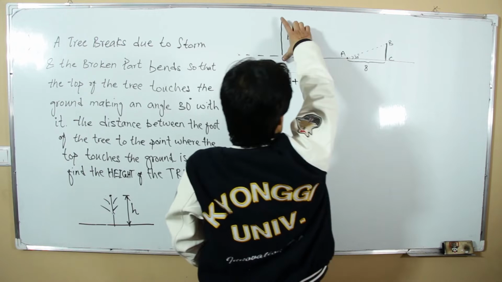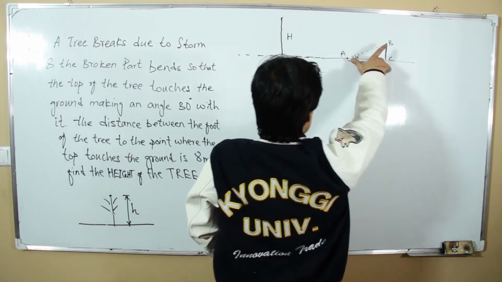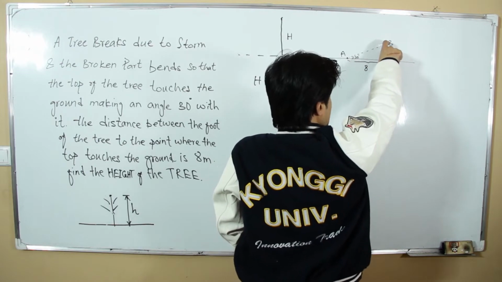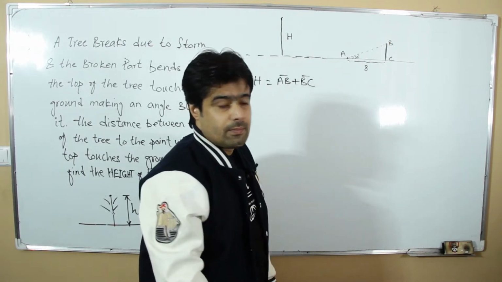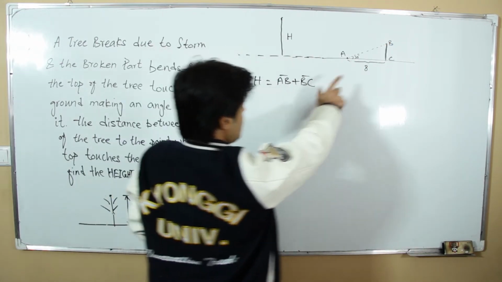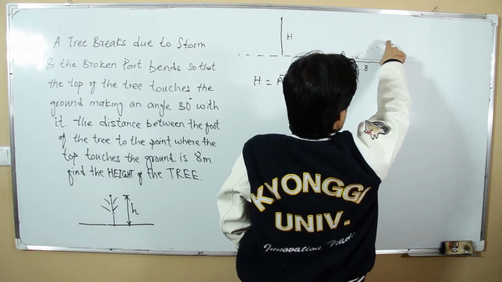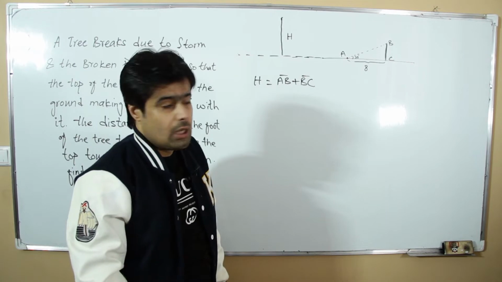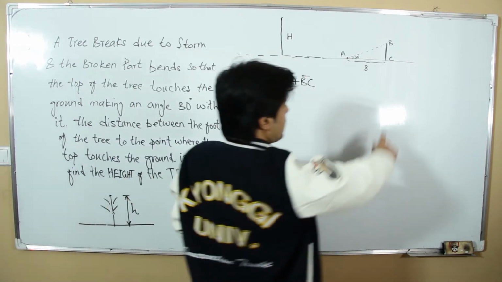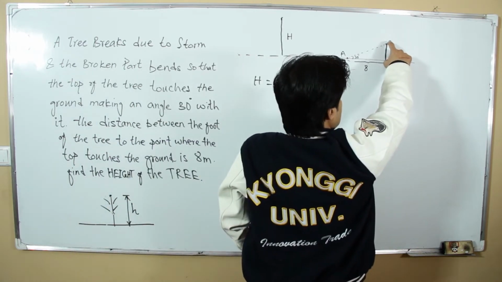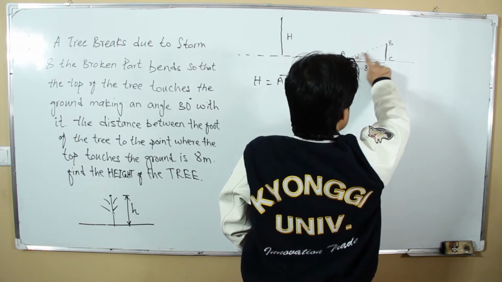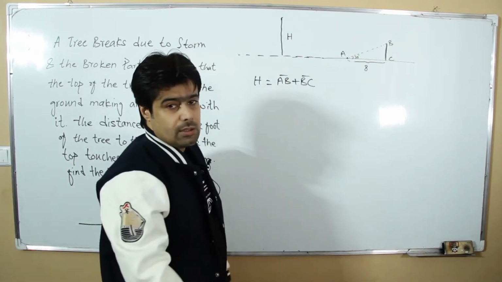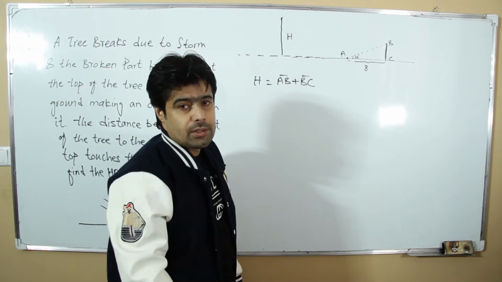Some part is touching the ground and some part still stands. So h is this part plus this part. First, we have to find BC. Second, we have to find AB, and the summation of AB and BC is our height.